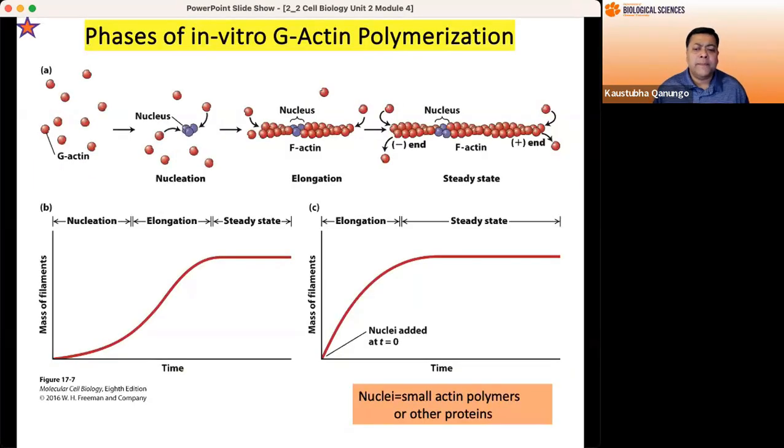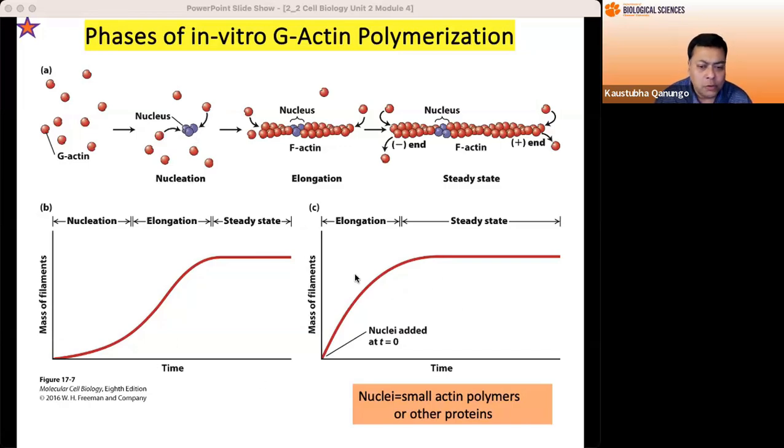So here is a typical question that we actually ask. We already talked about how, when there is a nucleation, things can grow faster. So we can give you a graph like this, and give you some options to predict from. Say, for example, you are doing an in vitro actin polymerization experiment using different conditions, and somehow you forgot to label the tubes, where you added just the G-actin and where you added some nuclei in the test tube.